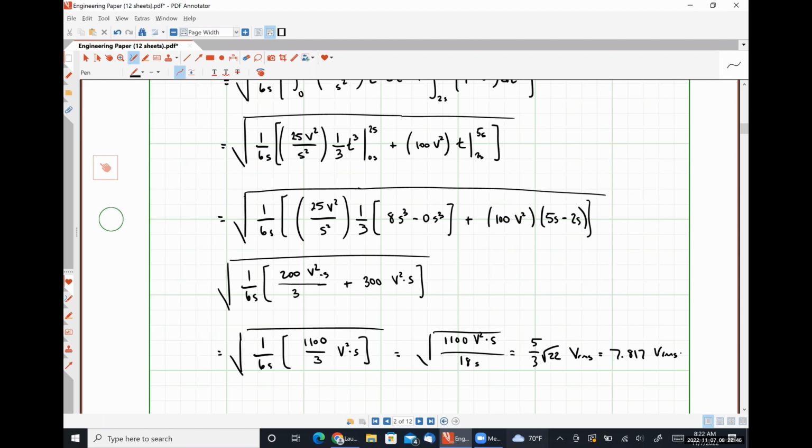The units always go down to seconds. The units have to go down to volts squared or amps squared here before we take the square root, because we're expecting the effective value of a voltage waveform should be a voltage. The effective value of a current waveform should be a current.